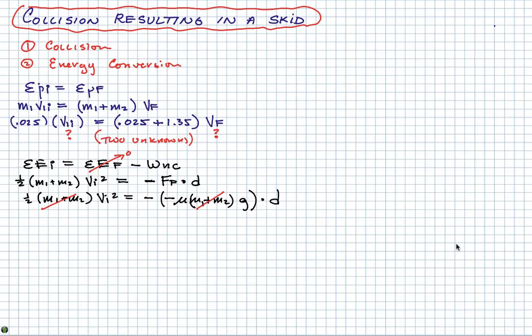and now I can start plugging and chugging. Let's simplify this. So v is equal to the square root of, move the 2 to the other side, 2 mu g d.